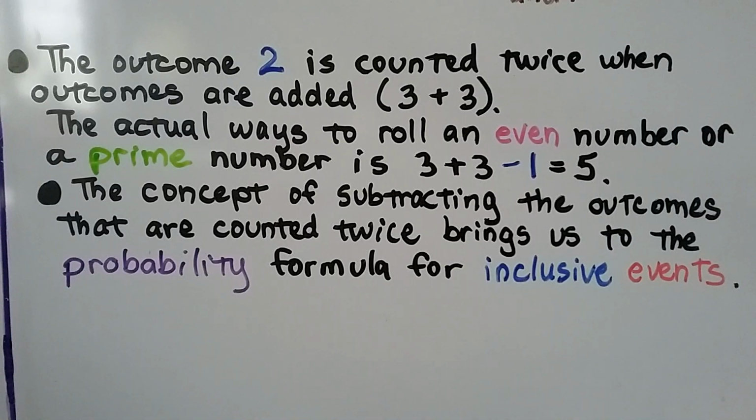The outcome 2 is counted twice when the outcomes are added, 3 plus 3. The actual ways to roll an even number or a prime number is 3 plus 3 minus 1, which equals 5. And the concept of subtracting the outcomes that are counted twice brings us to the probability formula for inclusive events. Now, if you're very confused, stick with me. Hopefully by the end of the video, you'll totally get it, okay?